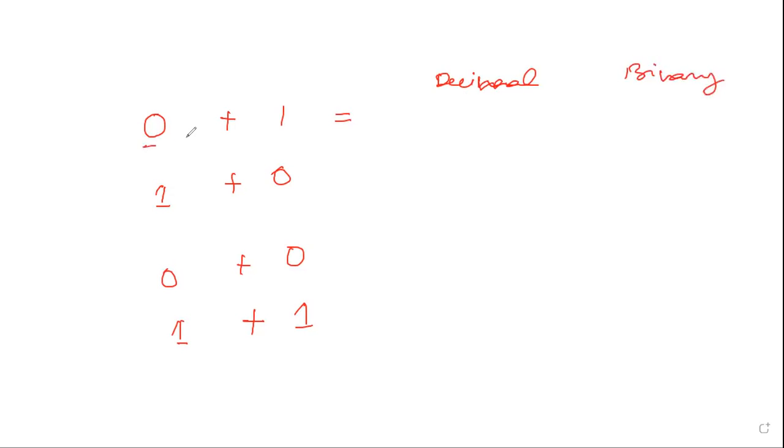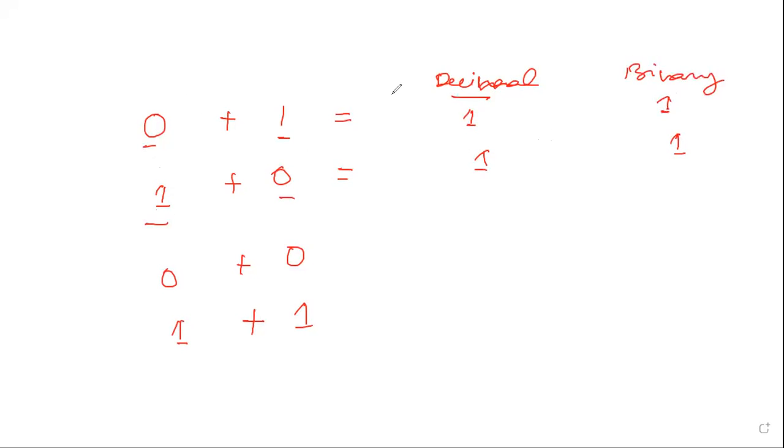When I am adding 0 and 1 in decimal, my answer is 1. 0 plus 1 is 1. And when you are adding a binary 0 with a binary 1, then also the addition is 1. Same. Nothing is very different or fancy here. When you are adding a 1 with a 0, again in decimal it is also 1, and in binary also it is 1.